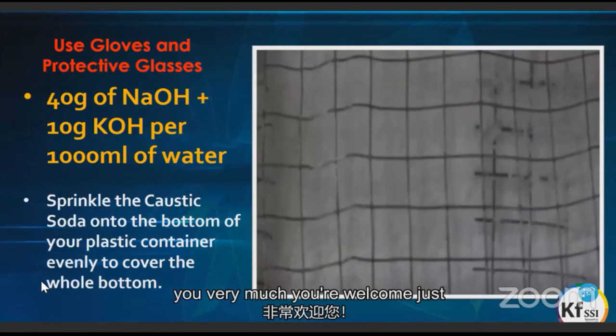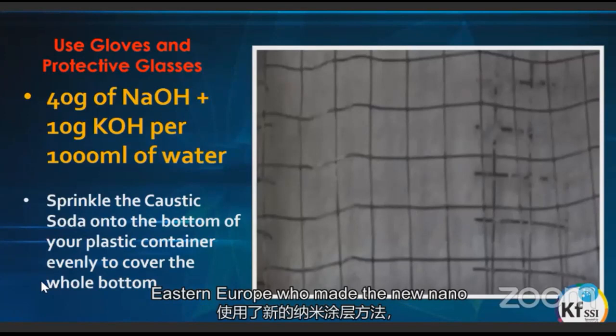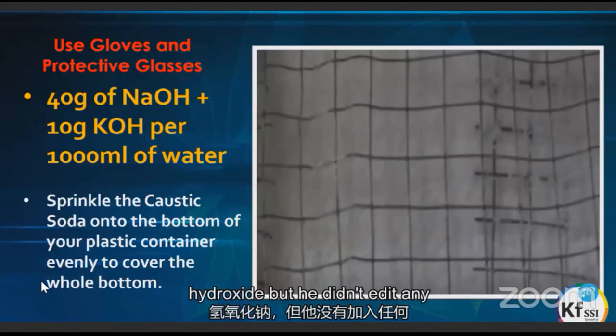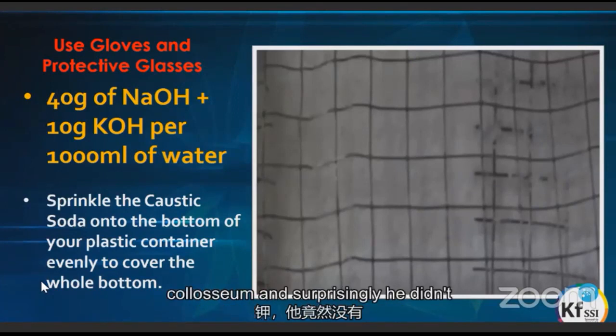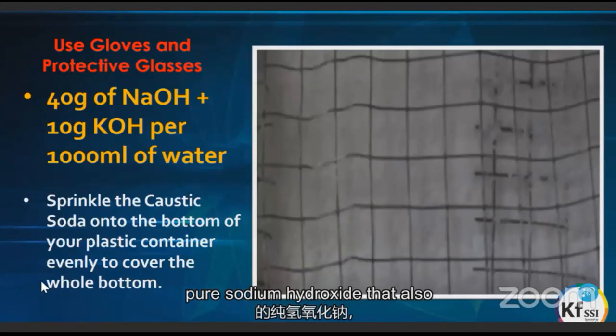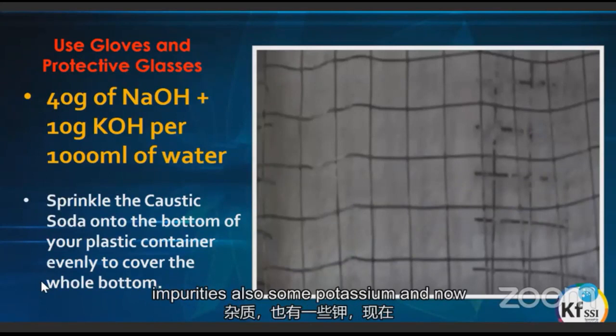You're welcome. Just recently I saw a knowledge seeker from Eastern Europe who tried to make a new nanocoating, but he got a very pure sodium hydroxide, and he didn't add any potassium. And surprisingly, he didn't succeed. Probably when he used the less pure sodium hydroxide, it also contained, among other impurities, some potassium.